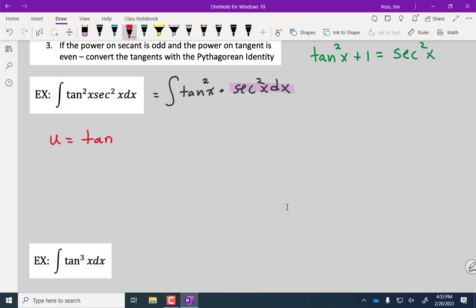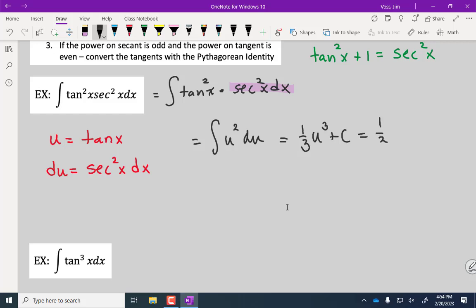So we can just cut right to the chase. u is tangent. du is secant squared. So this integral is nothing more than u squared du. So we'll integrate. We'll get a third u cubed plus c. We'll back substitute. And that'll be our final answer.